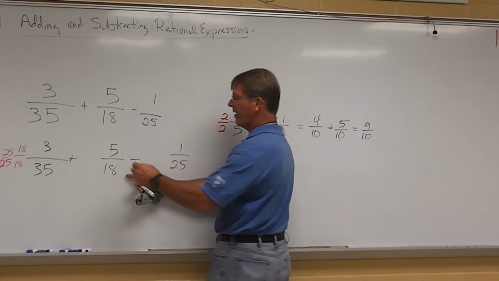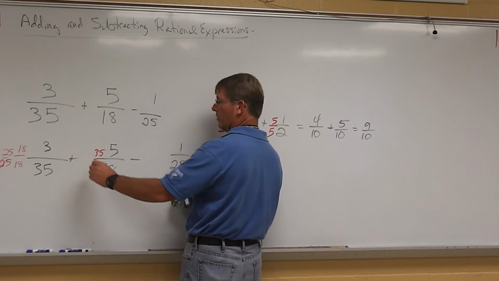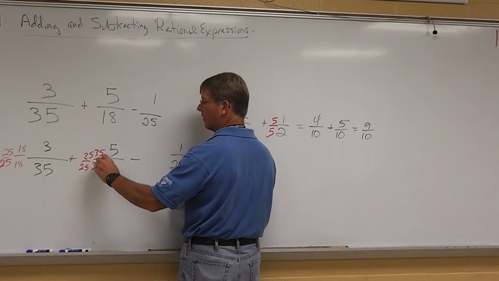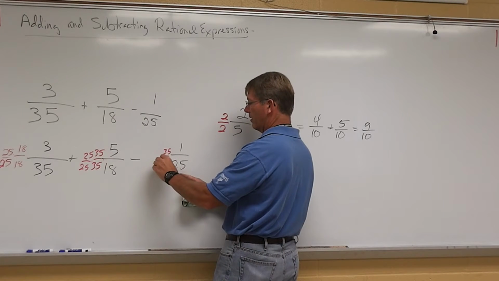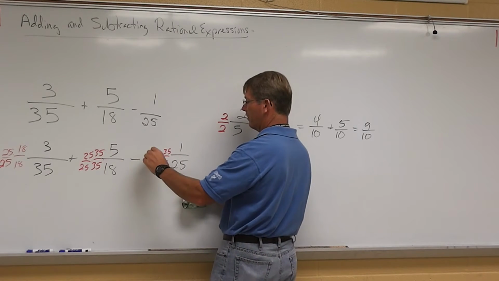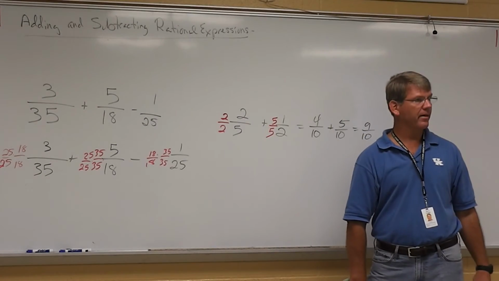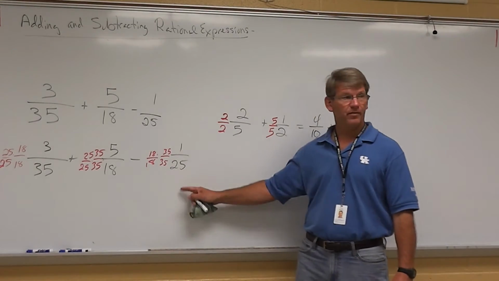I could take the 35 and multiply top and bottom here. And I could take the 25 as well. And now here I'd have to take the 35 from over yonder. And I'd have to multiply the 18 as well. Okay, now they're all three gonna have the same denominator of whatever the heck 18 times 35 times 25 is.